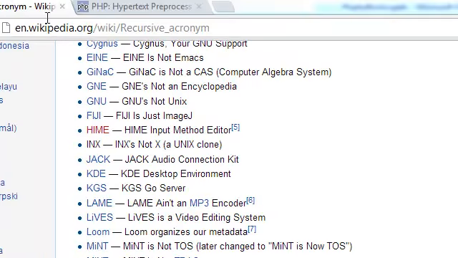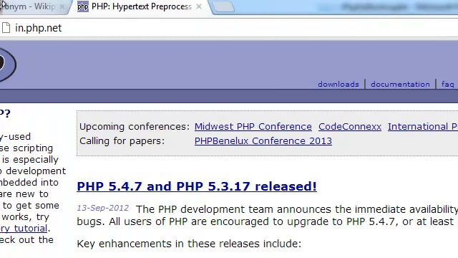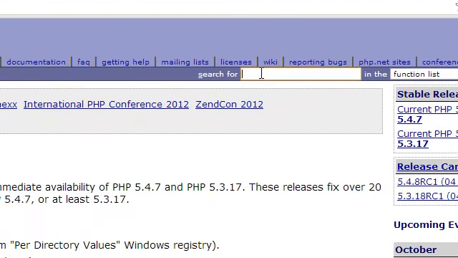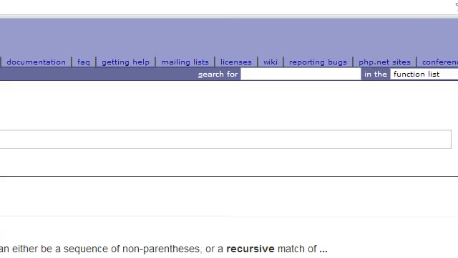I'm not pretty sure about it, but if you get into PHP.NET, which is the original one, and search for recursive, it's right here. Let's see what it shows. Obviously it may talk about the acronym again, but when you see this, you can find out one area.